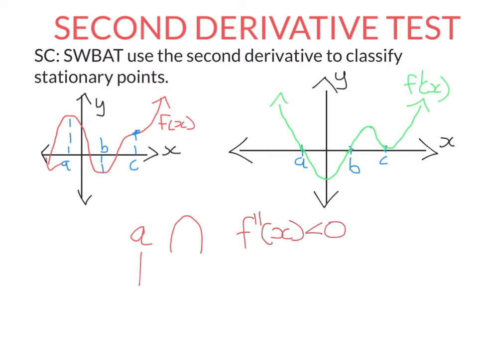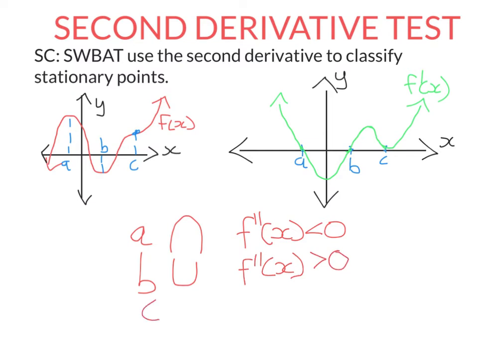On the other hand, at point B, which was a smiley face, which was a minimum, you can see the first derivative is increasing. The gradient here in green is positive. So the gradient of the first derivative is the second derivative. That means the second derivative is positive.